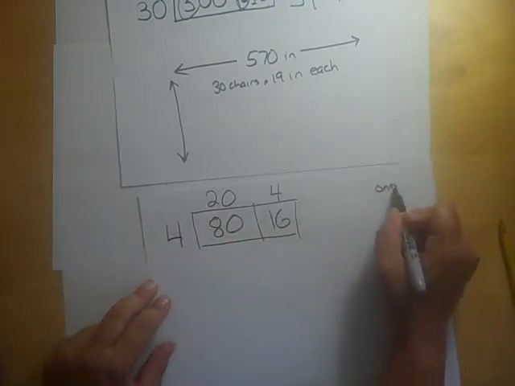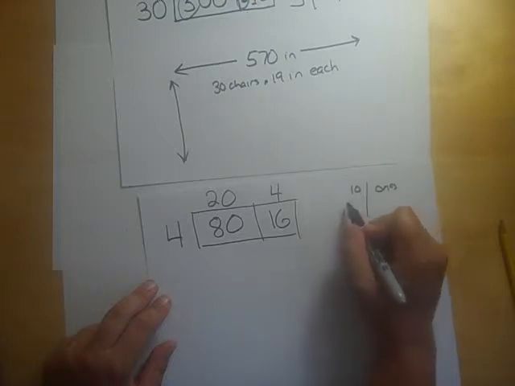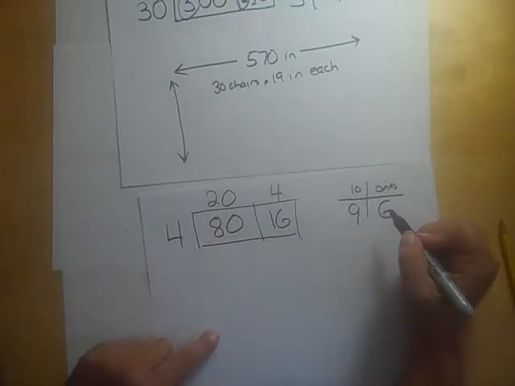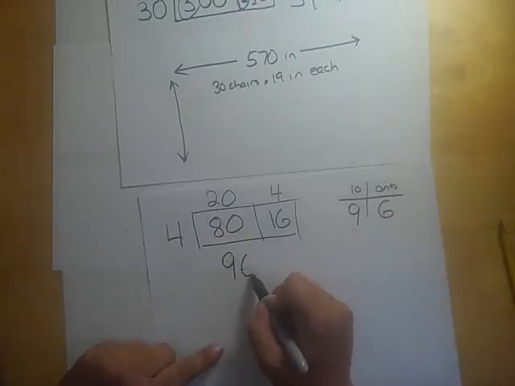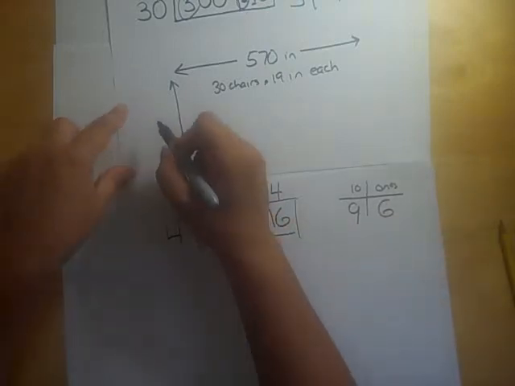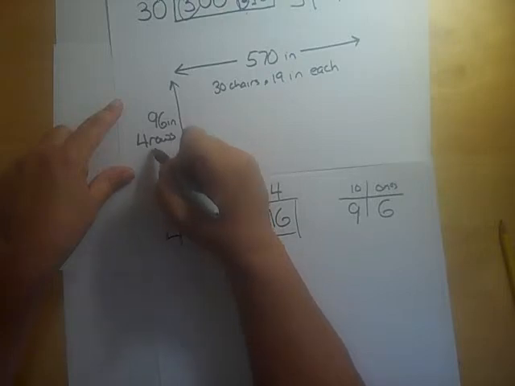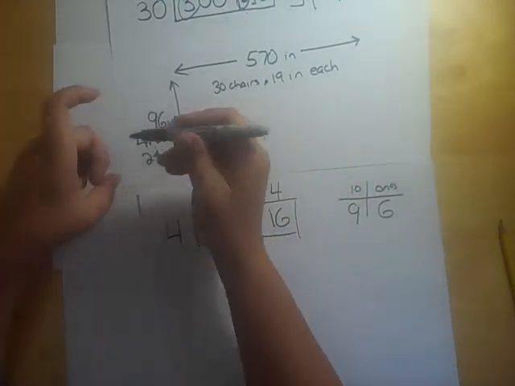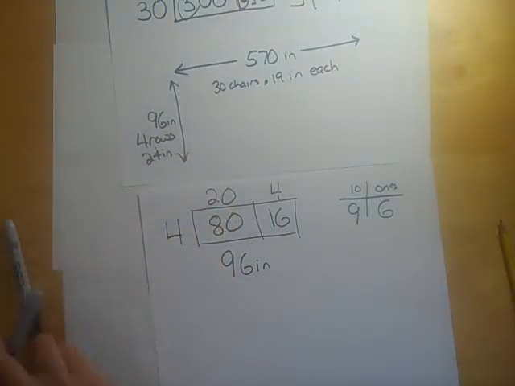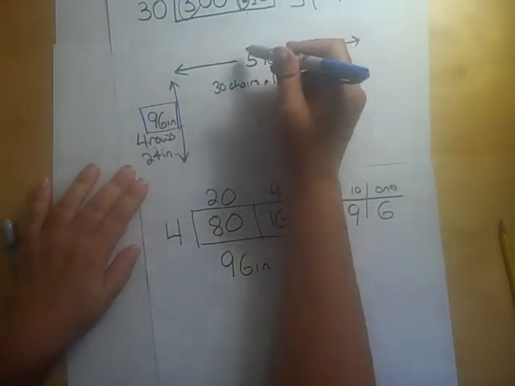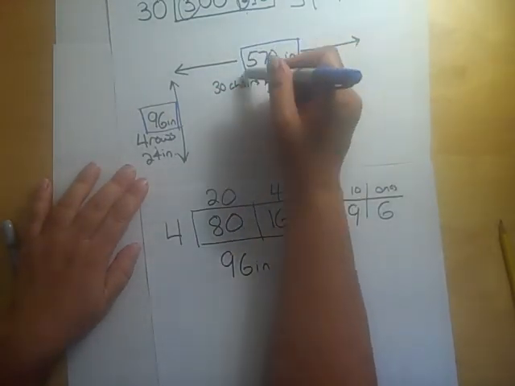So we have ones and tens, 6 ones, 9 tens. So that's 96 inches. So what we're saying here is it would take 96 inches to have 4 rows that take up 24 inches each. Okay, so our dimensions, and I'll box this answer, are 96 inches by 570 inches.